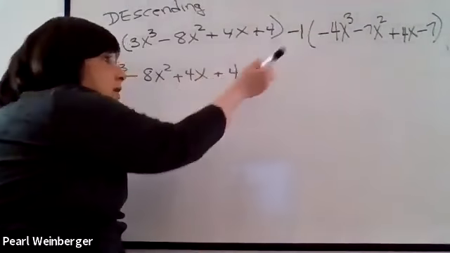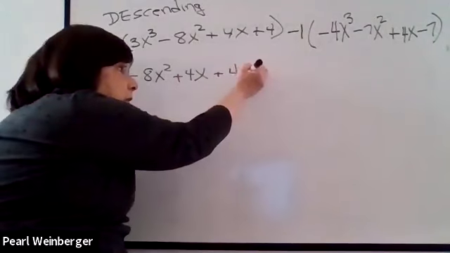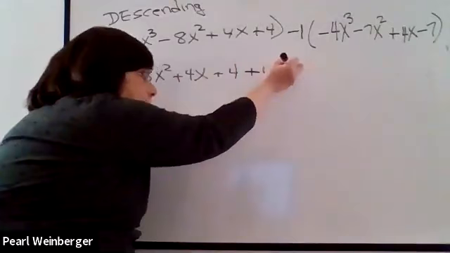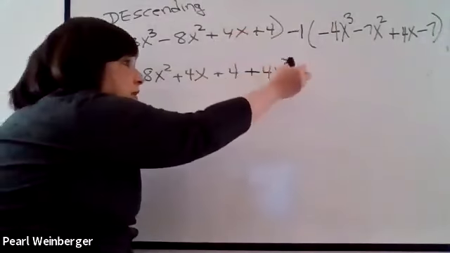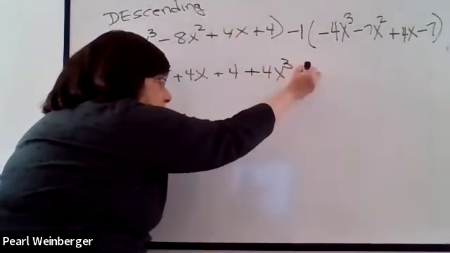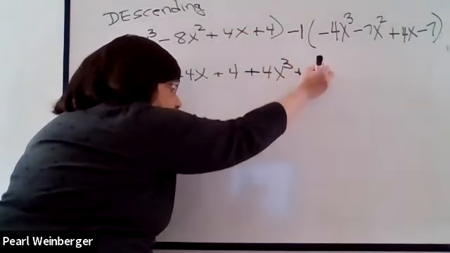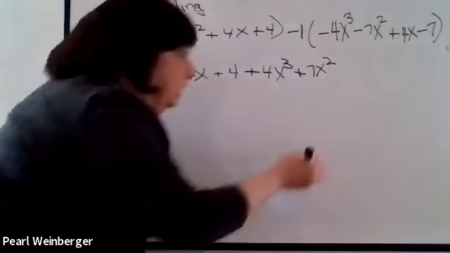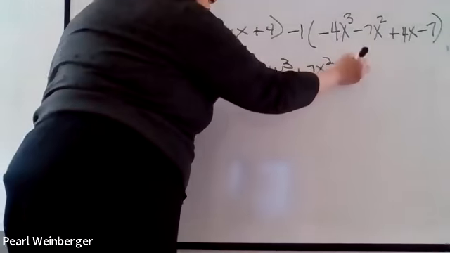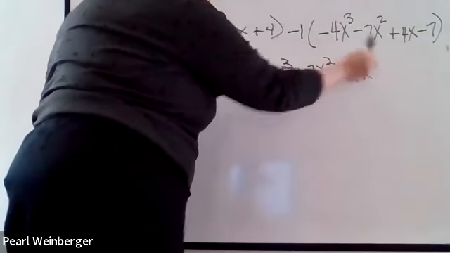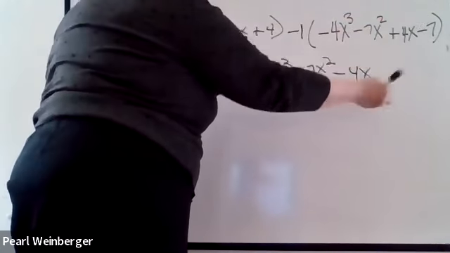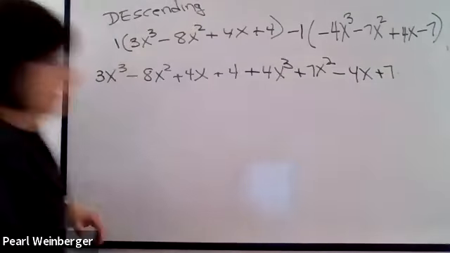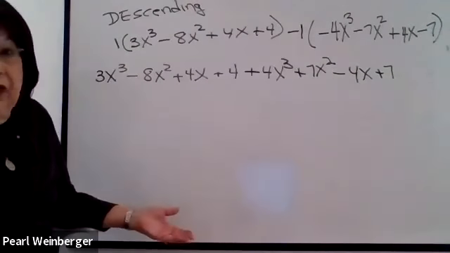So -1 times -4x cubed becomes a positive 4x cubed. Then -1 times -7x squared is a positive 7x squared. -1 times 4x gives me -4x. And -1 times -7 becomes positive 7.